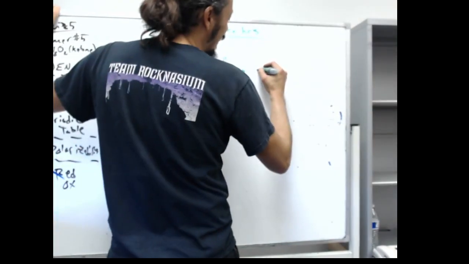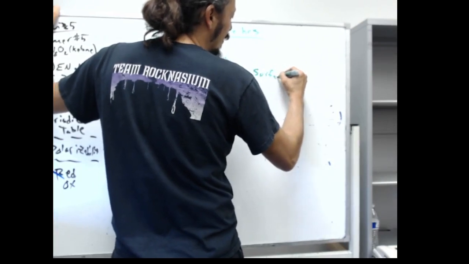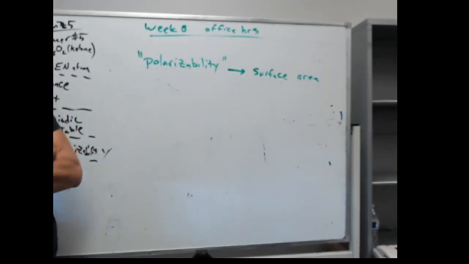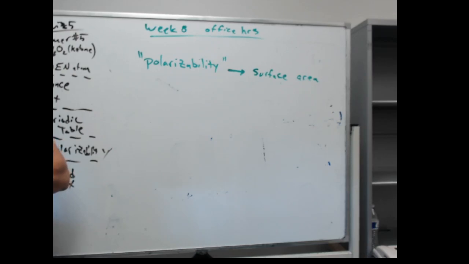So the shortcut we've been using for polarizability is surface area. That's one of the big tells for how polarizable something is. Polarizability has a lot to do with the London dispersion force. The larger surface area a molecule has, the more polarizable it is, the stronger the London dispersion force.